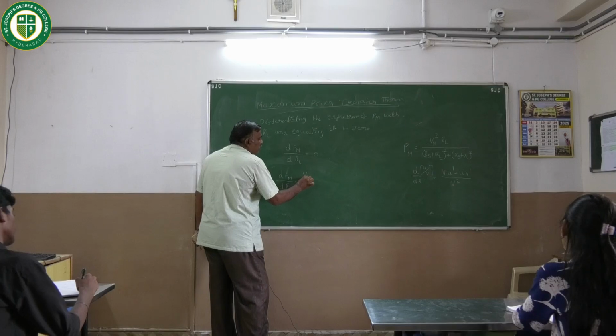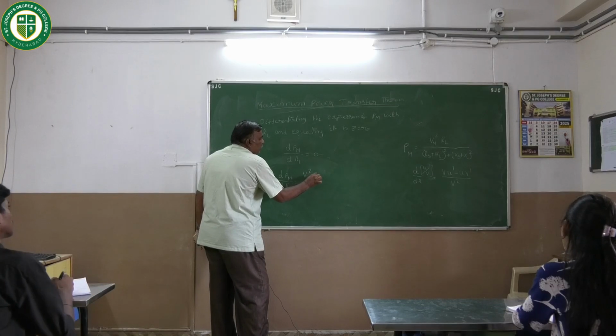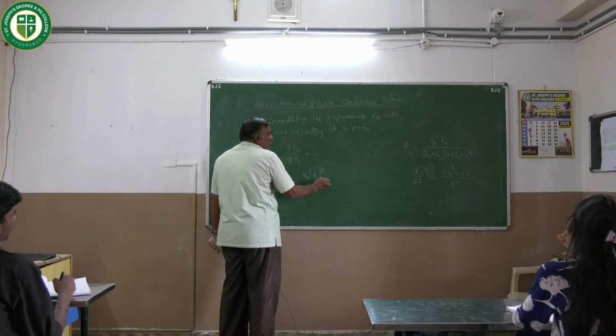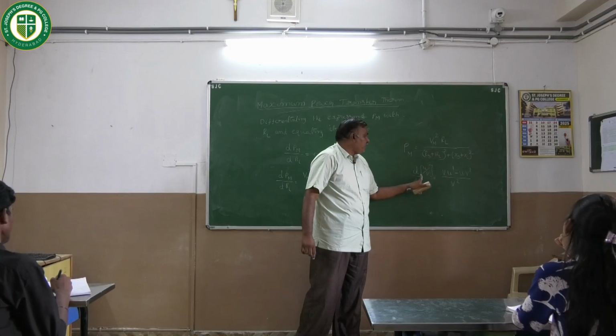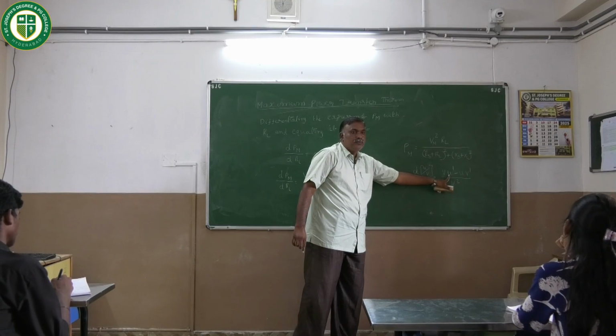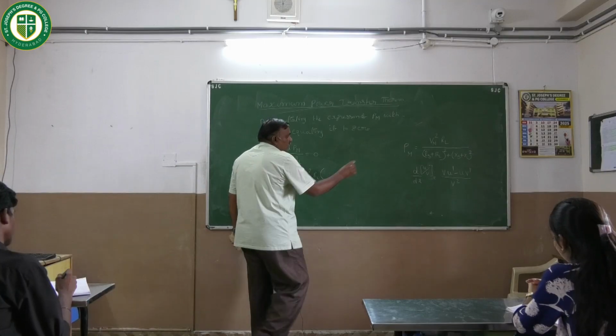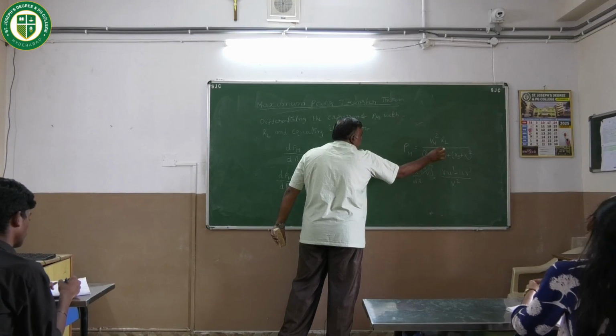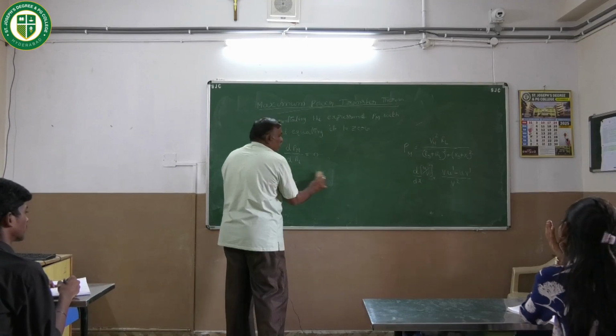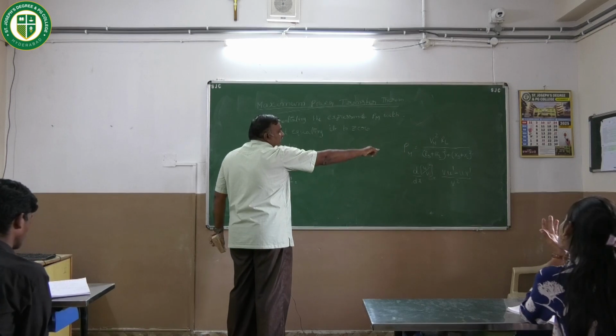U is VM square into RL, and u dash means d by dx of u, and we are differentiating with respect to RL.